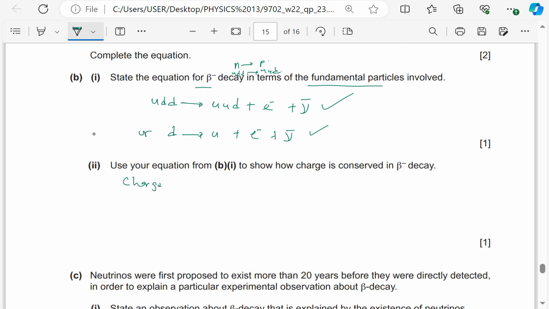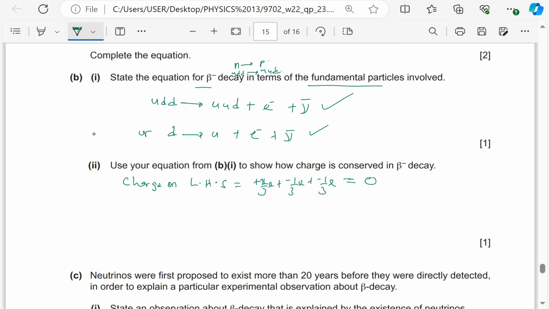The charge on the left hand side is going to be equal to, we have up, down, down, so it is positive 2 over 3e plus negative 1 over 3e plus negative 1 over 3e, which gives us 0.